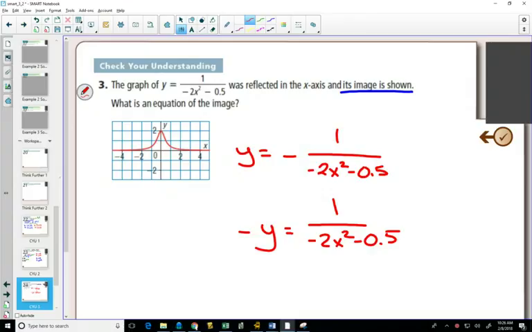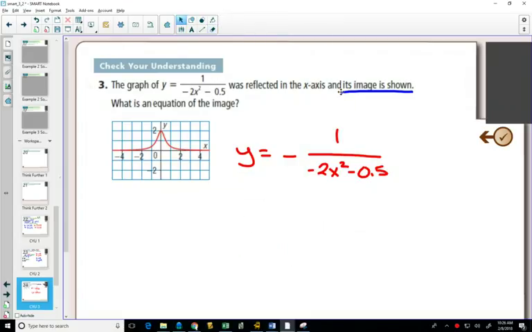Some people like this because it seems easy. Vertical reflections make our y change to negative, so I'll put a negative with my y. Horizontal reflections make my x change, so then I would put the negative with my x. So these are the same. I'm going to erase this one right now.